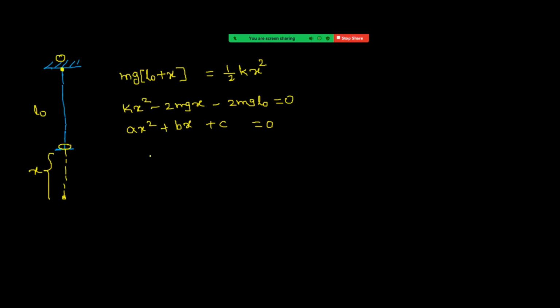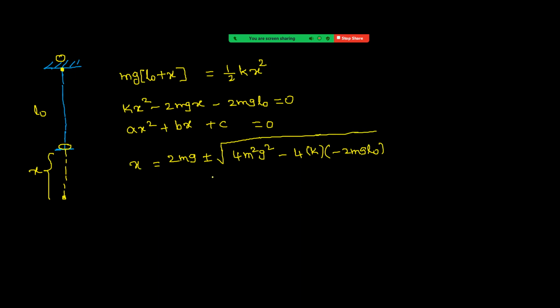Now see the calculation. This means finding roots: x equal to minus b, that is 2mg, plus or minus square root of b square, 4m square g square, minus 4 times a value k, c value minus 2mgL0, all divided by 2a, that is 2k. Now 2mg by 2k is mg by k, plus or minus.